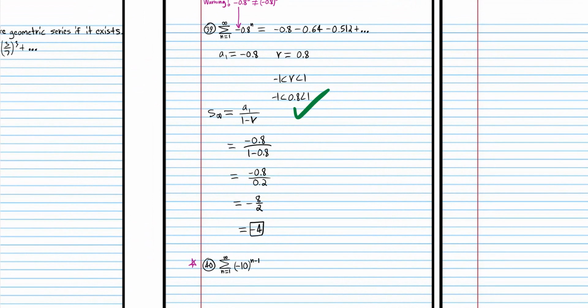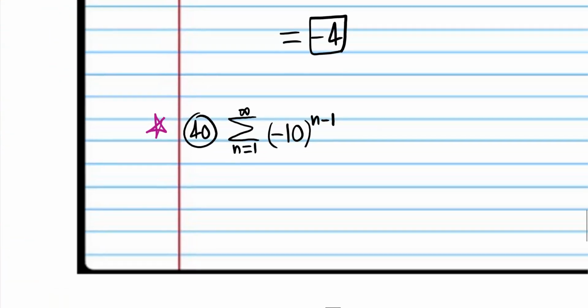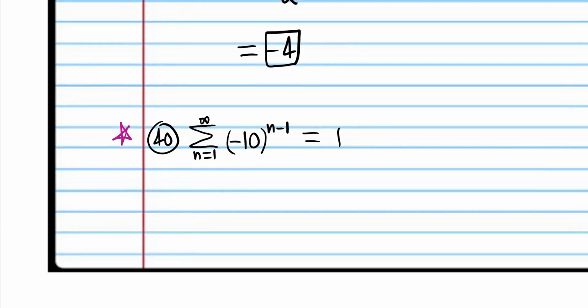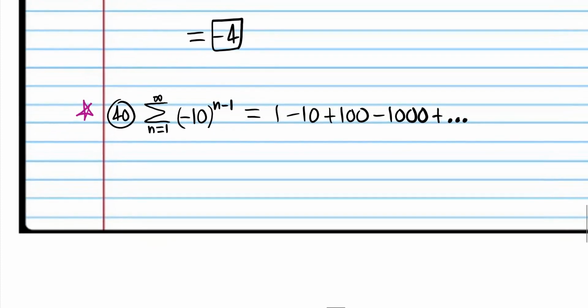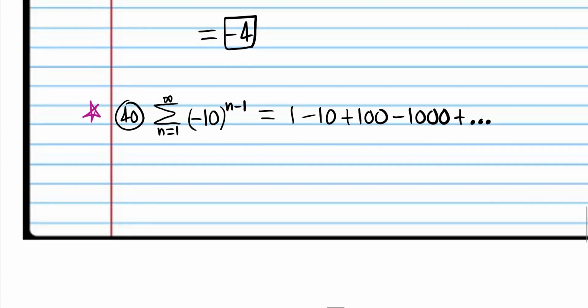Okay, we're back. So let's find some of the terms here. So we have 1 minus 10 plus 100 minus 1,000, and it continues indefinitely. So you can see that we're just multiplying by negative 10 each time. So the first term, well, we don't really care what the first term is because we can't find the sum.